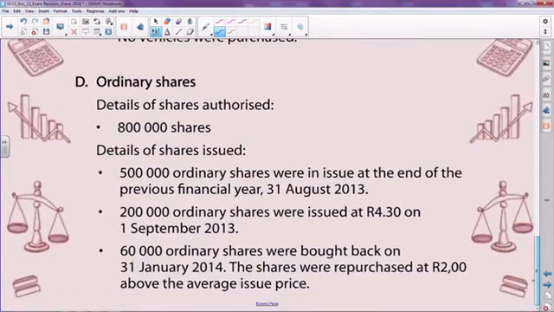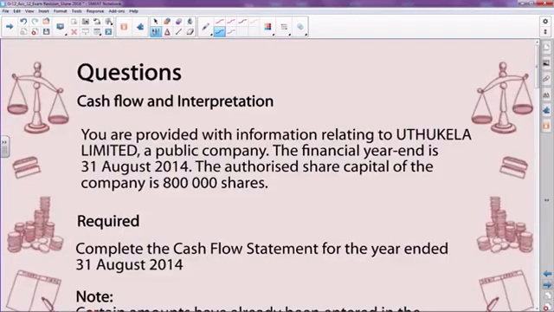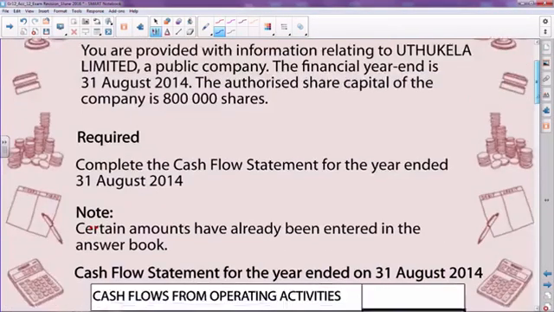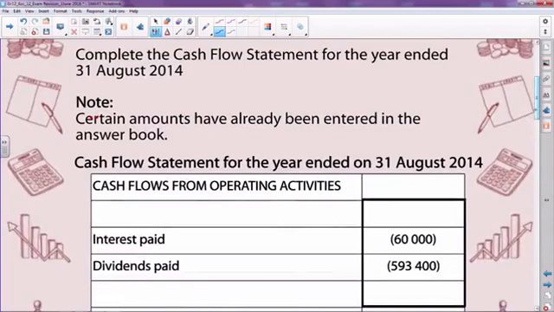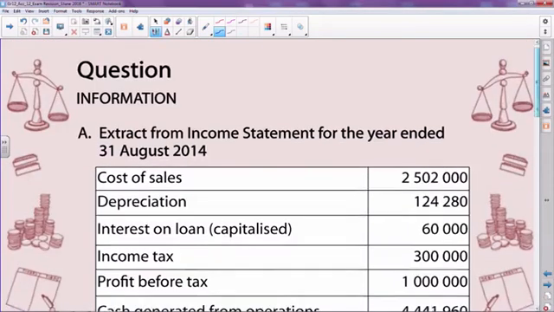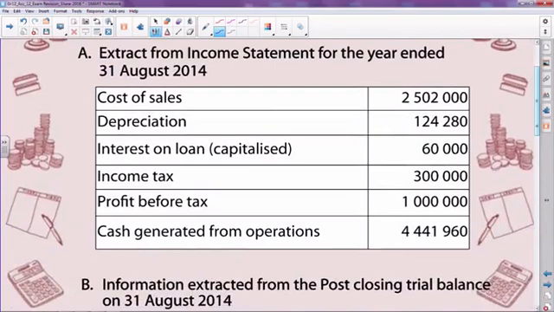So all of that information is given to me. I will go on and look at my cash flow statement. The first thing that I require is my cash generated from operations. So immediately, I look at my given information, and I'm given my cash generated from operations.